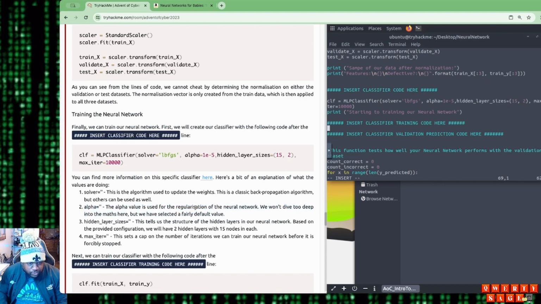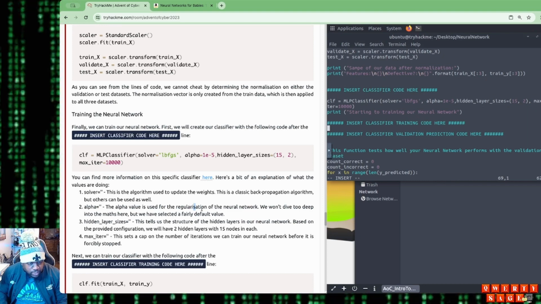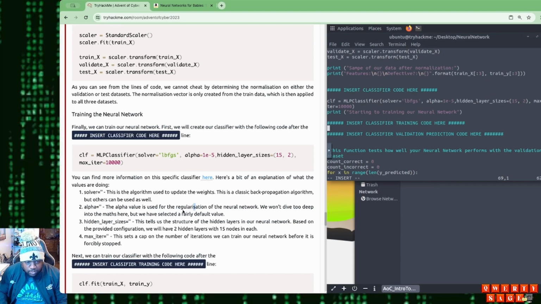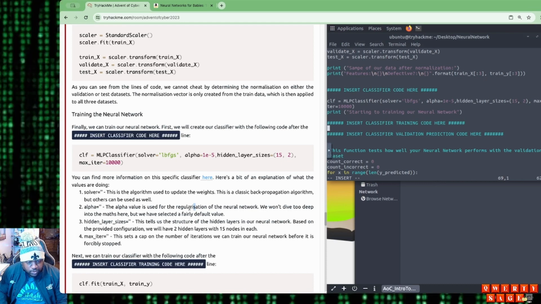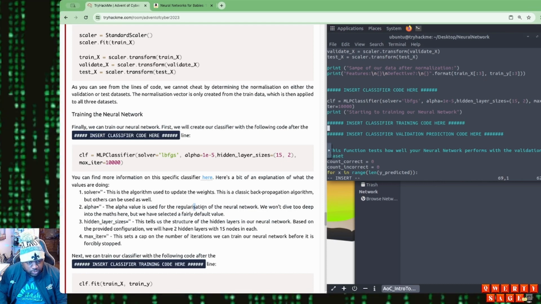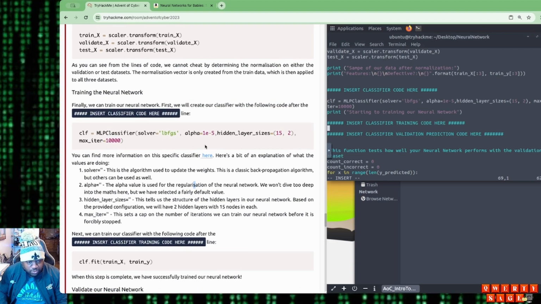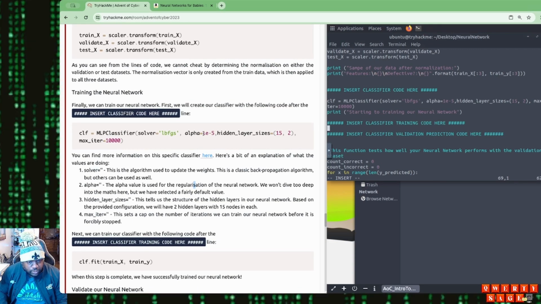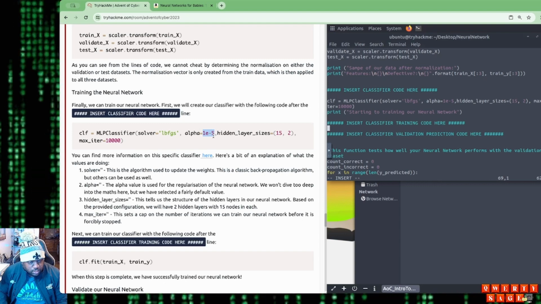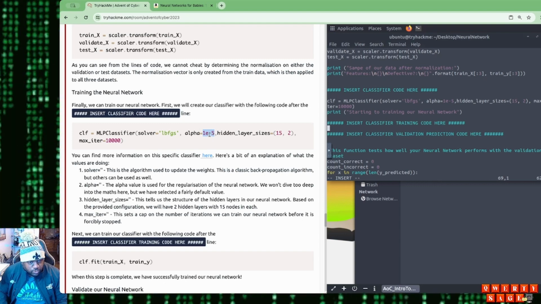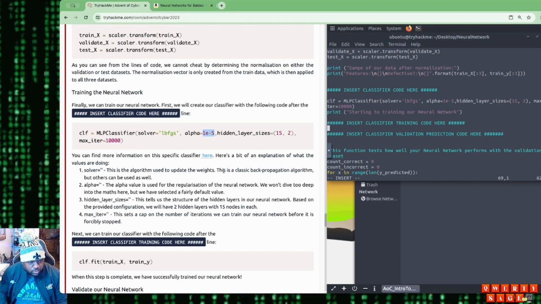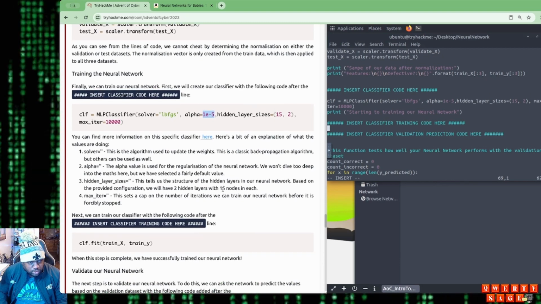So I forget sometimes TryHackMe is a British company. In America, we would spell that with the Z, regularization. I'm like, wait, that was throwing me off. So this is 10 to the negative fifth power. So 1/10,000.